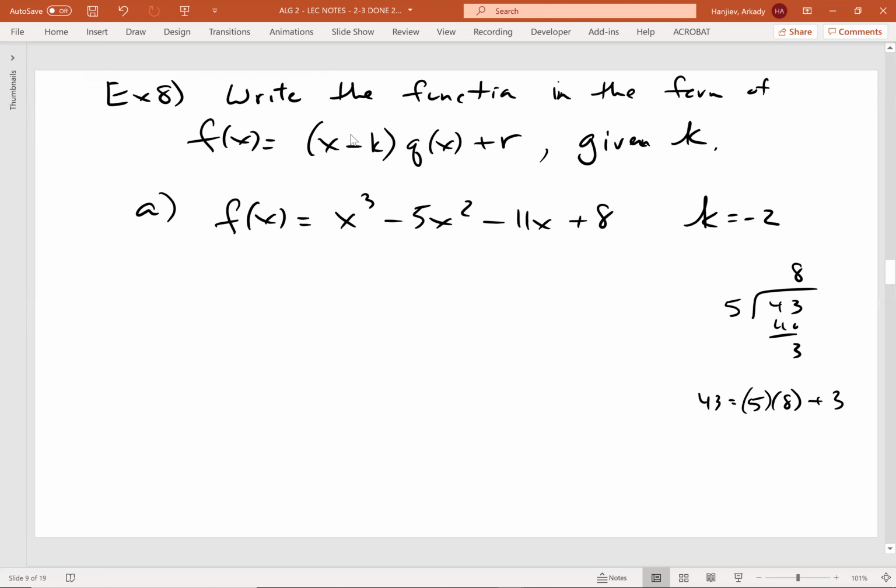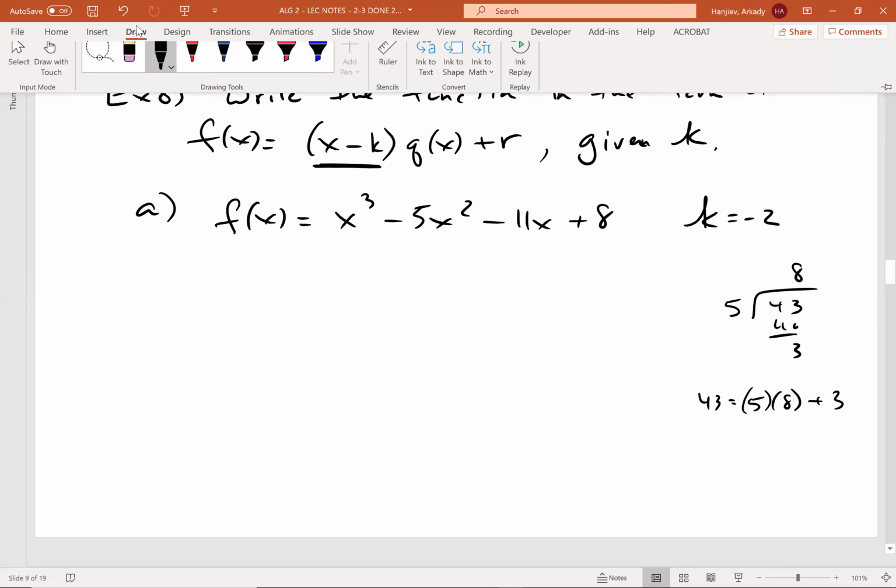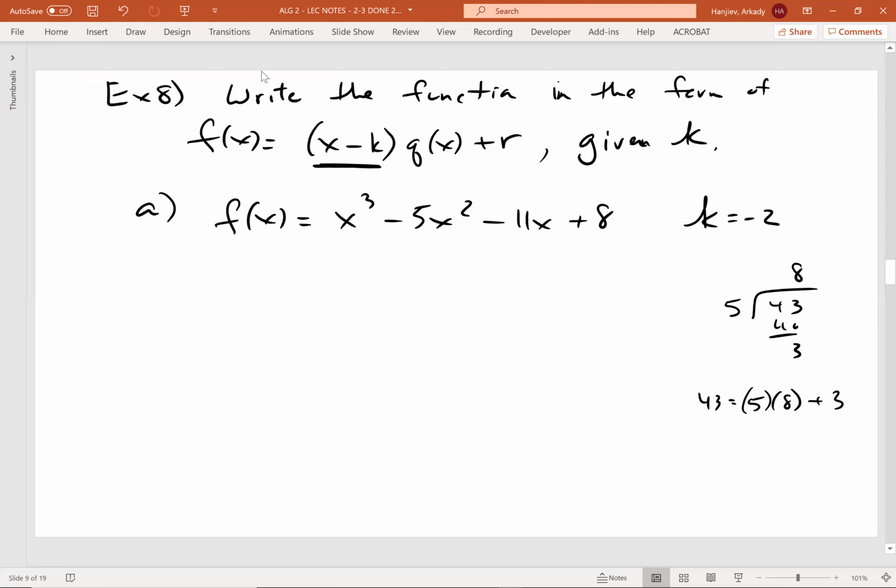So let's see if this would make sense here. If this is our divisor, notice it's x minus k. What am I dividing by? I'm dividing by x minus a -2, which is technically x plus 2.